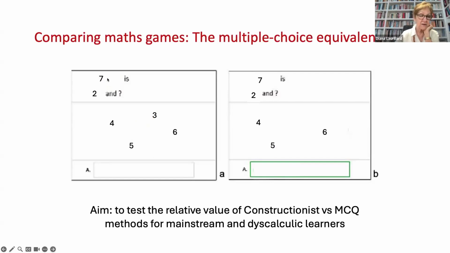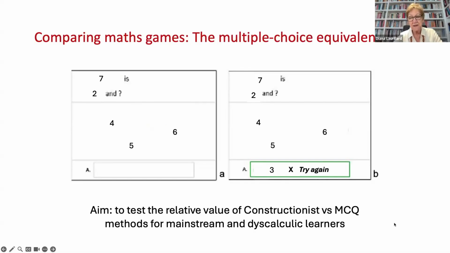And then that moves through the whole system, and 7 is 2 and what? And if you say 3 again, it'll show you 3, and it'll say, no, that's wrong, try again. So that's a very different interaction. All you know is you got it wrong. You don't know about the relationship between your answer and the correct answer. So it's a very different type of interaction with the world that we've created.